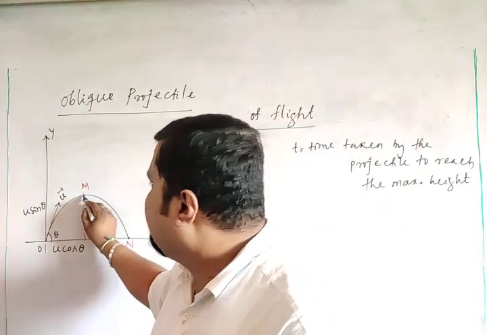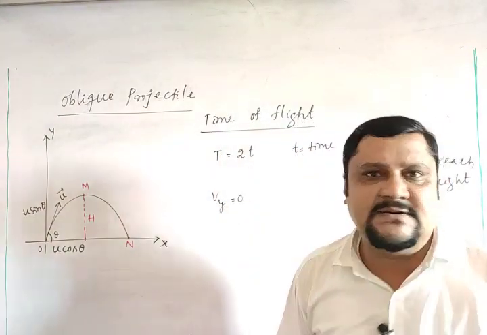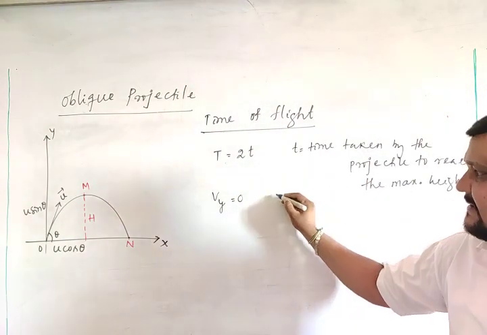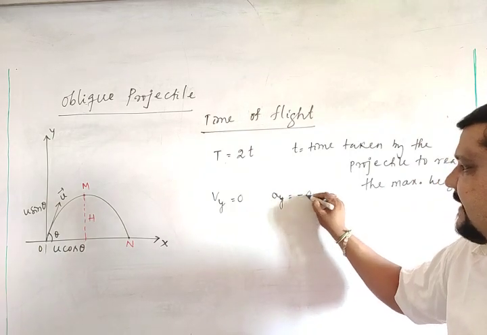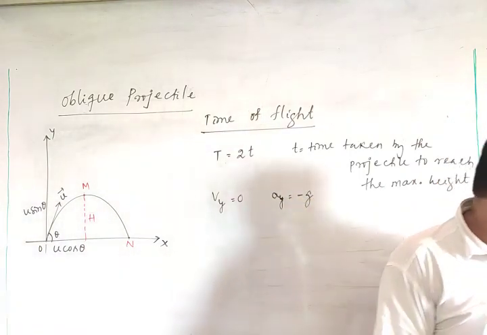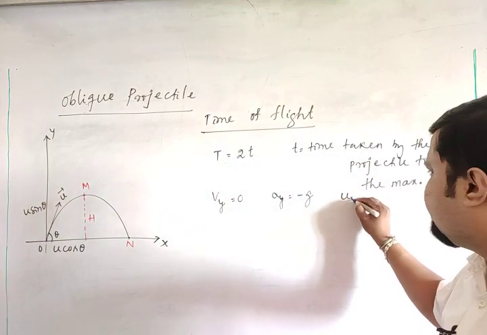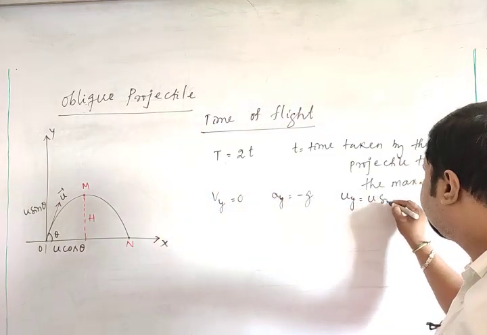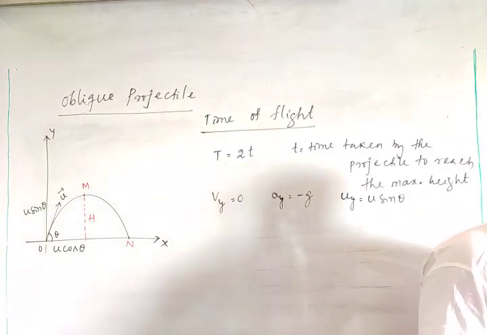Vy is the final velocity at this point, and it is 0. And what is the acceleration along y? The vertical acceleration is obviously minus g, according to sign convention. And what is the initial velocity? Uy, u sin theta. With this we will calculate the time.